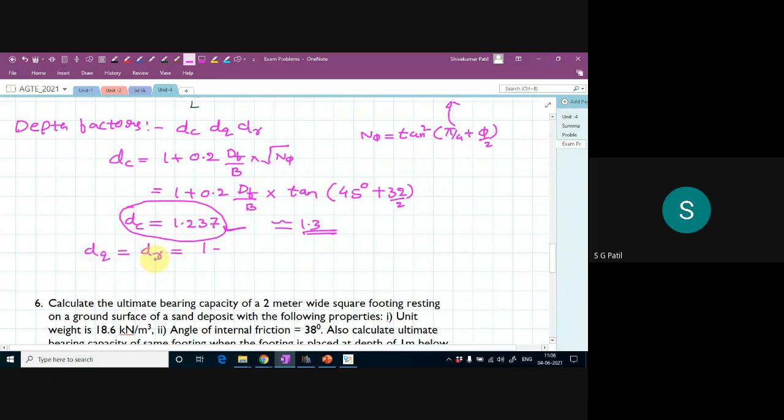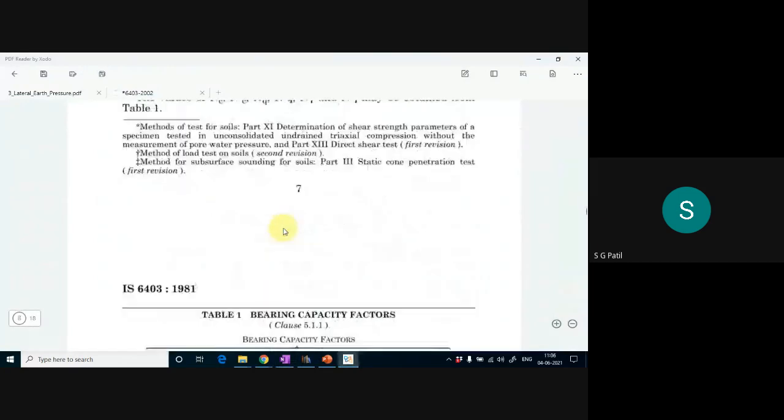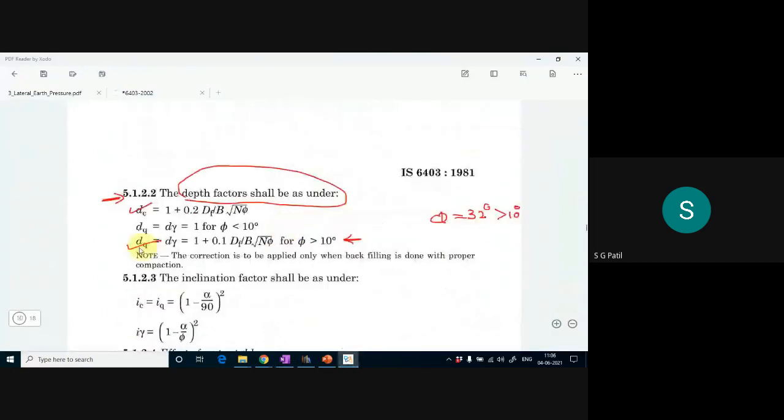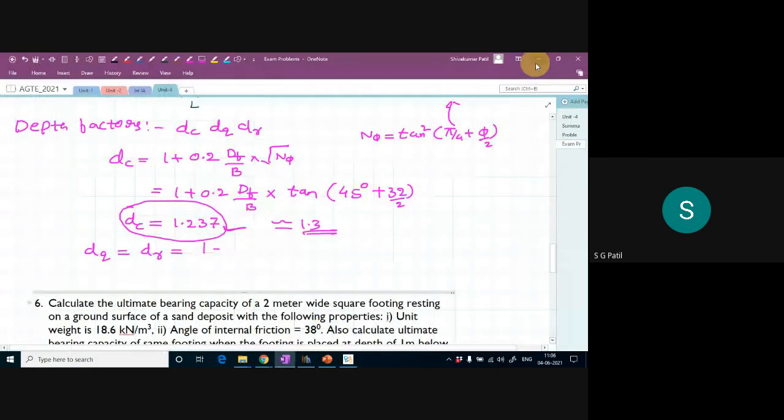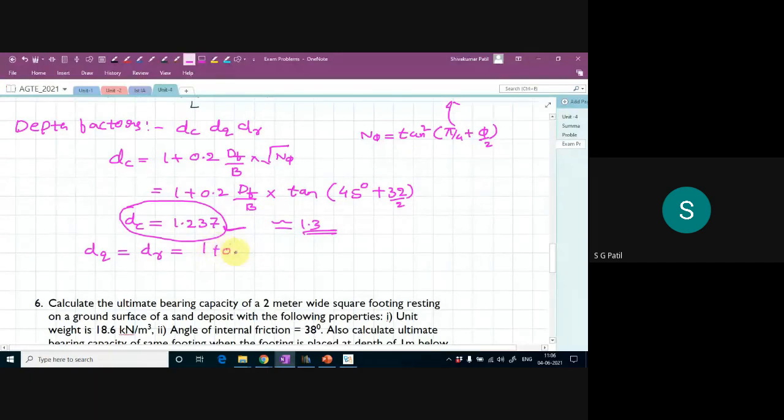Okay, so Dq and D gamma, what is the formula? 1 plus 0.1 Df by B into square root of N phi.